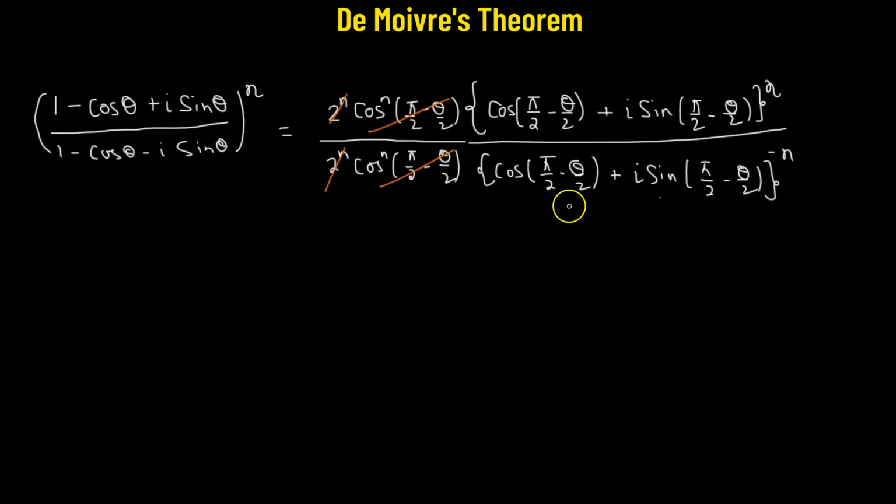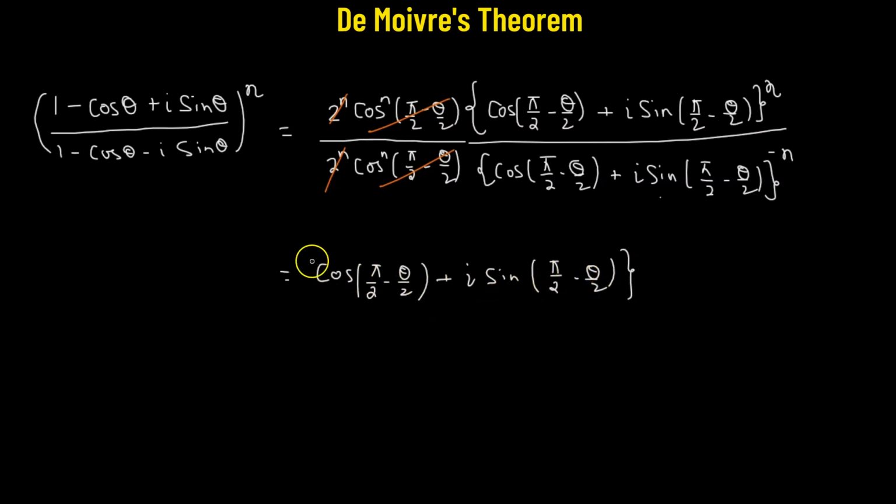Then we can combine the two expressions as cosine of (pi over 2 minus theta over 2) plus iota times sine of (pi over 2 minus theta over 2). This entire expression is now raised to the power n from the numerator plus negative n from the denominator, which gets added to become n plus n, or simply 2n. Now we can successfully apply De Moivre's theorem.